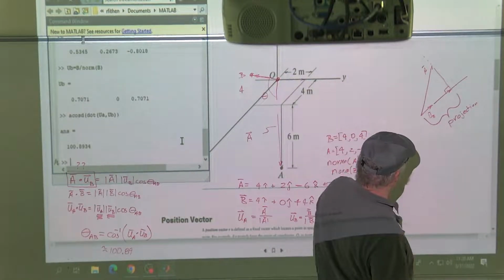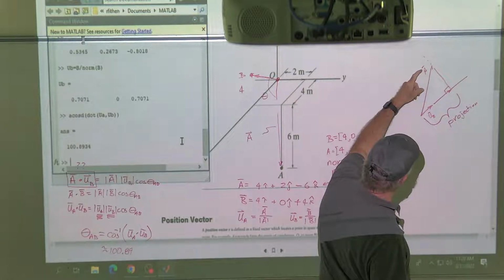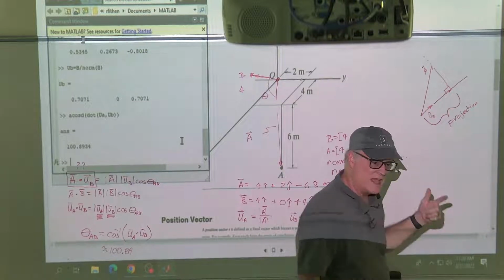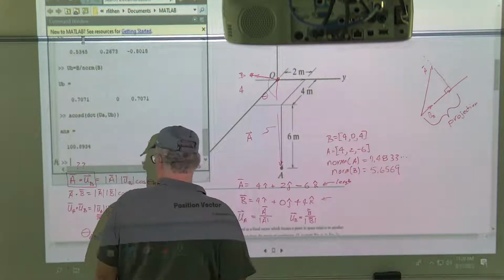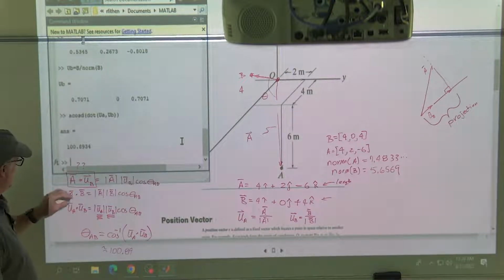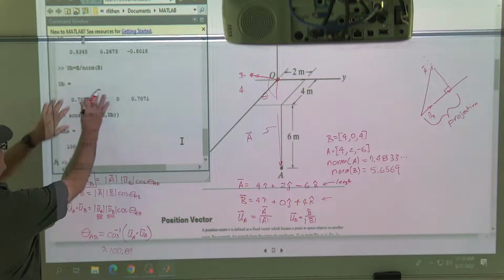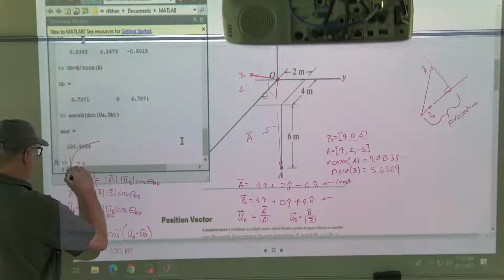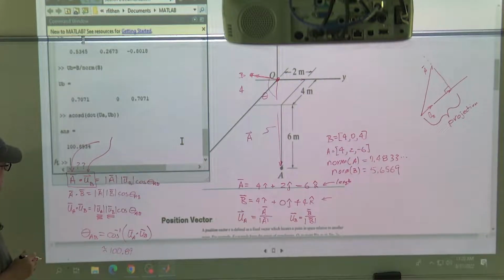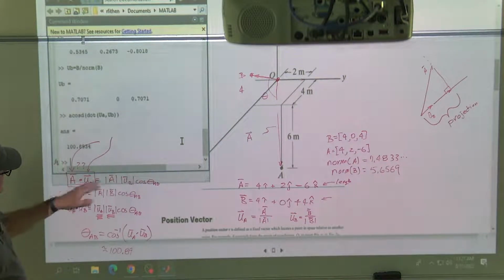So in fact, this is a projection. It's basically the component of this vector that's projected out onto that. That's all it is. So if you start looking at this, okay, what is it that I know that I can calculate? Well, I'm sitting here in MATLAB. I have this vector, and I have that vector. That's all I need. I either need the left-hand side or the right-hand side.